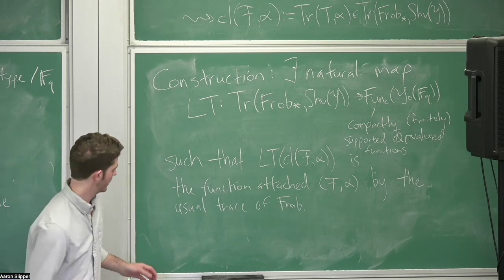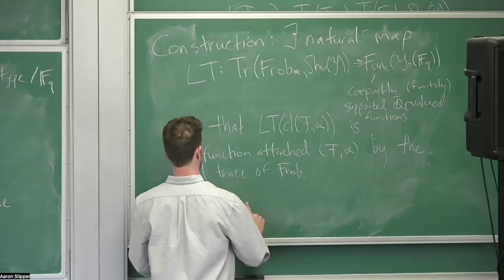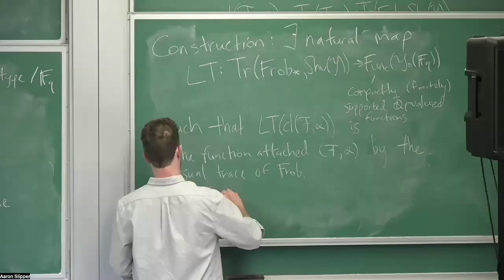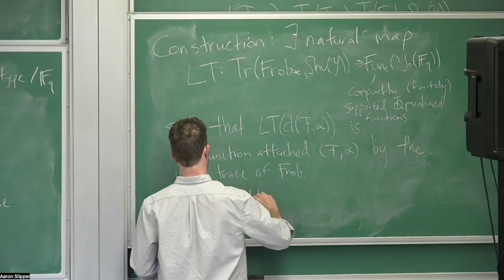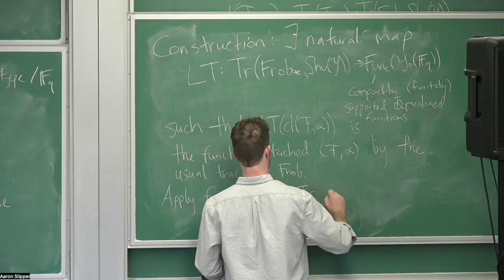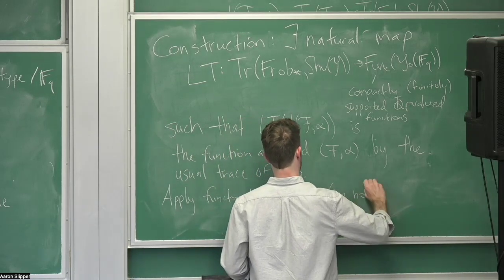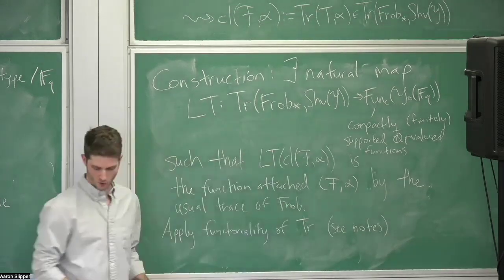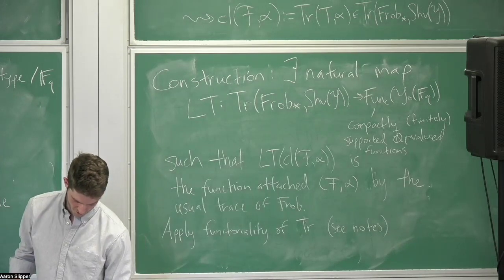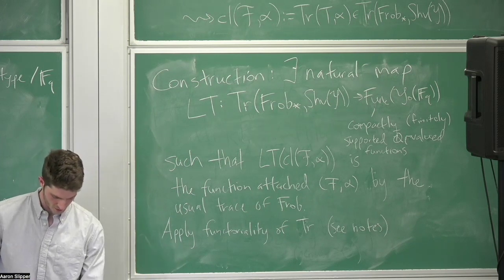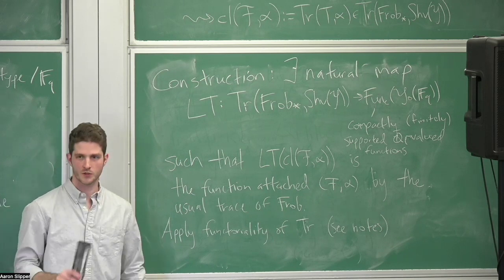Okay, so there's also a way to go from vectors in this categorical trace vector space to actual functions. Okay, questions about that?